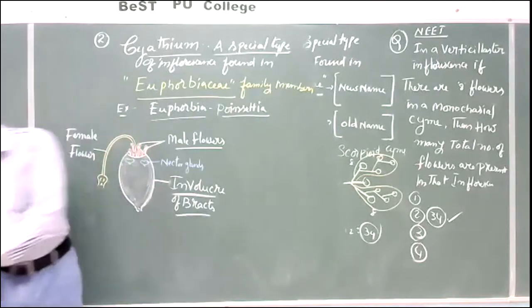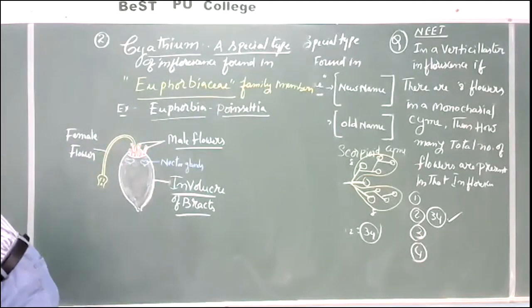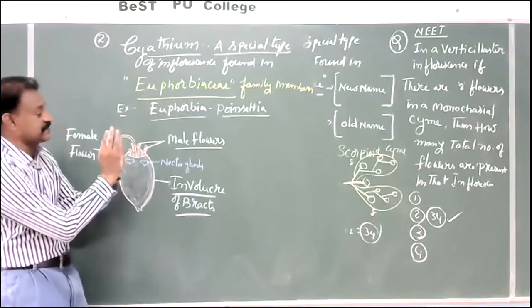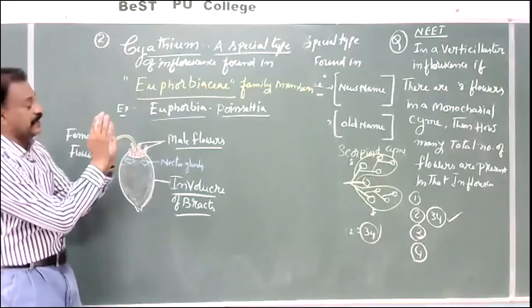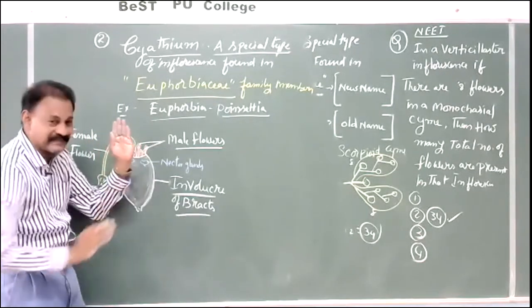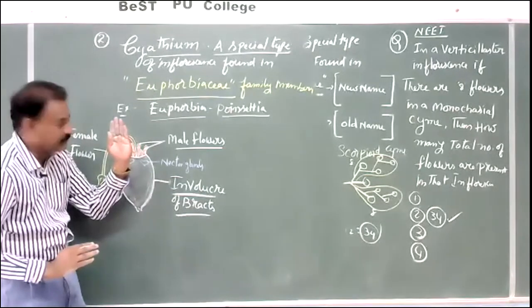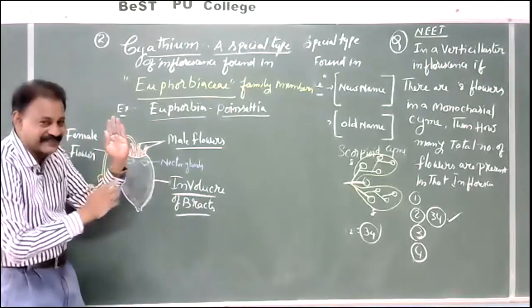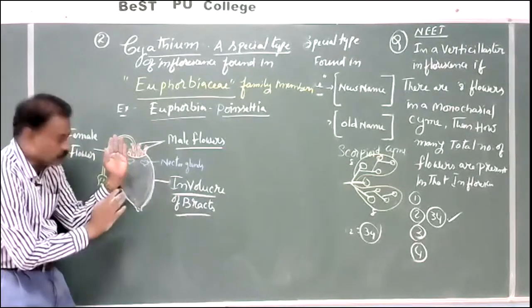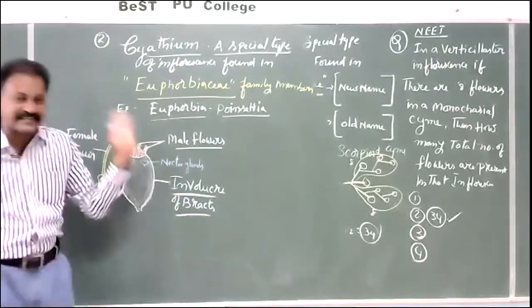It means the inflorescence is enclosed here like this. Inflorescence is enclosed, and I want to show by cutting this sac longitudinally to show you how they were arranged, what are their characters.